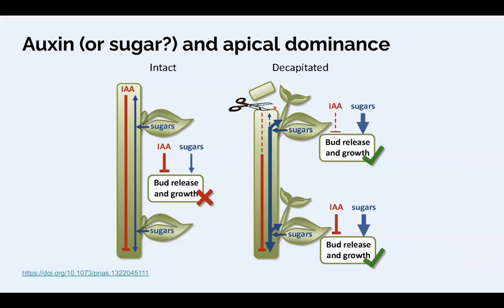So cutting the tip also prevented the sugars from reaching the tip, and instead they could grow out and enable these side shoots to grow out. So auxin is definitely still important in this apical dominance, but the relative abundance of sugars also turned out to be pretty important.